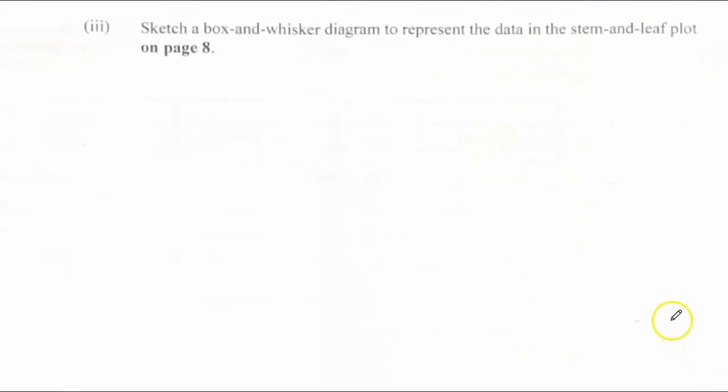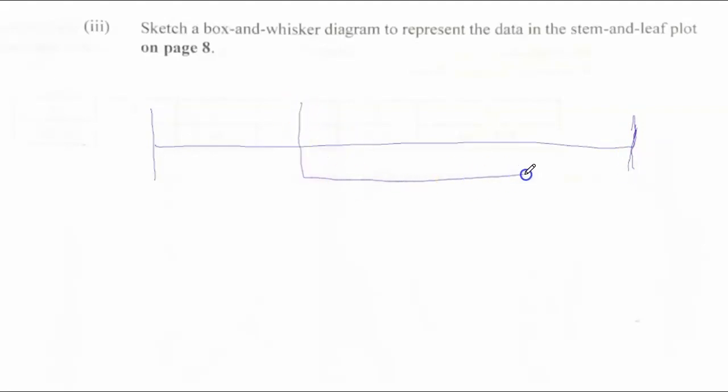Sketch a box and whisker diagram to represent the data in the stem and leaf plot on page 8. So we need to show 5 values: the lowest value, the highest value, and in the box we should be showing the quartiles.